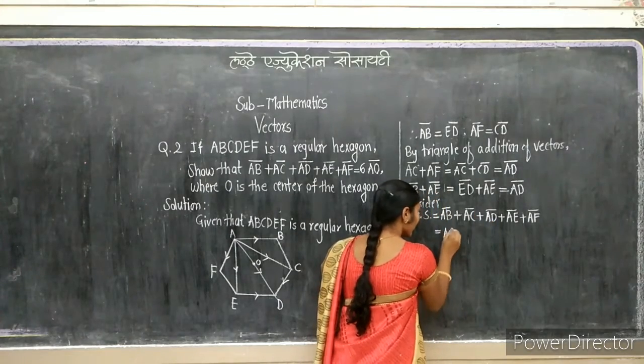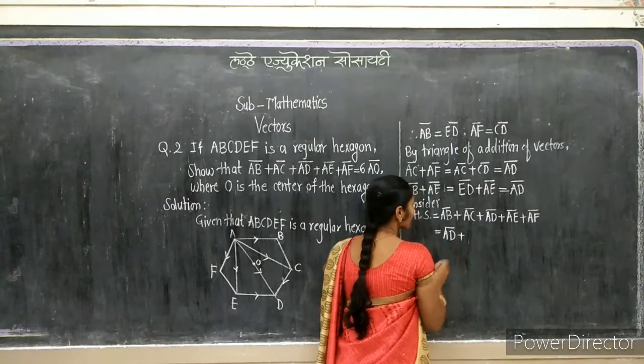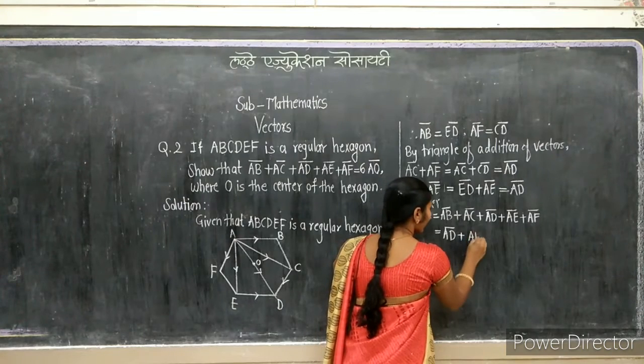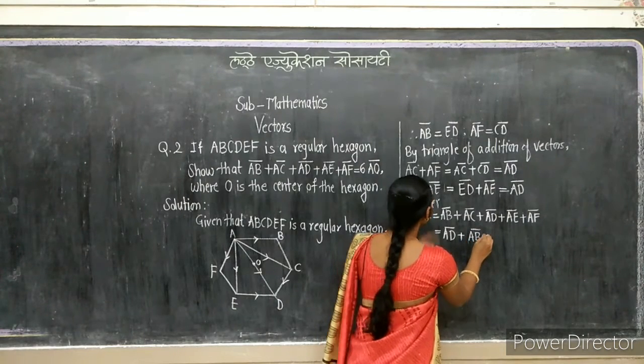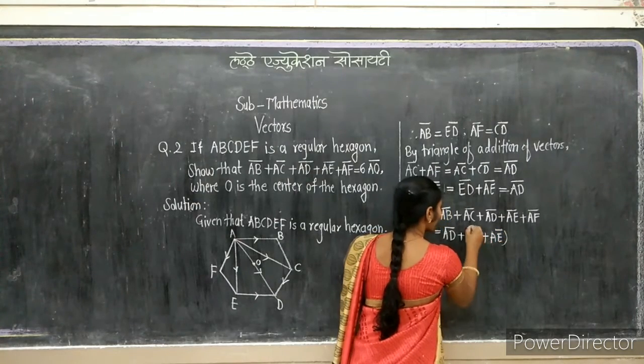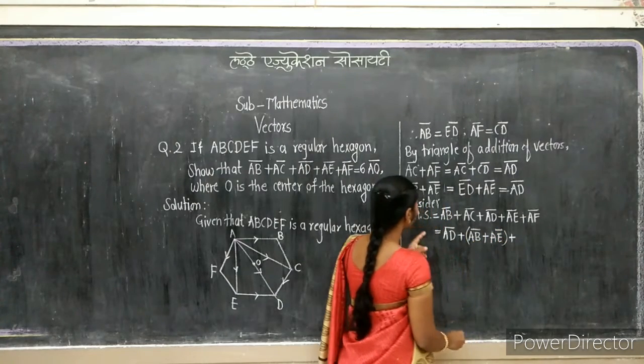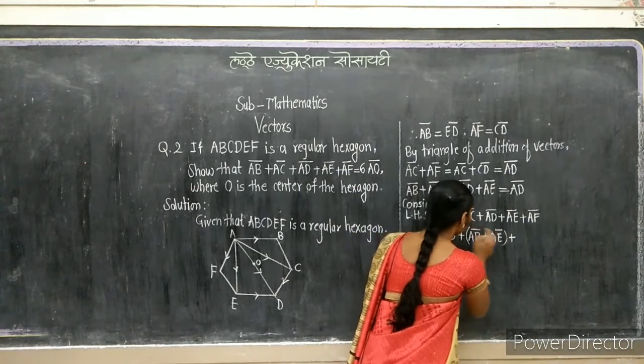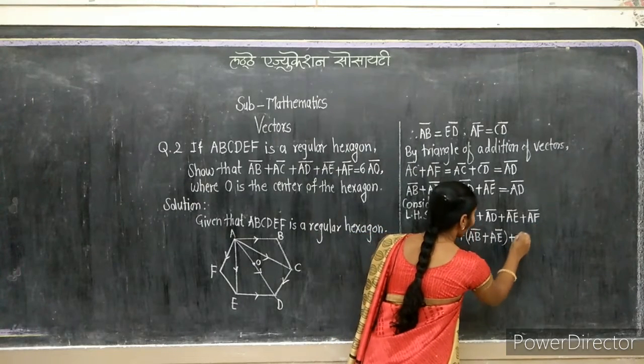That is, first write down AD bar plus AB bar plus AE bar, then AC bar plus AF bar.